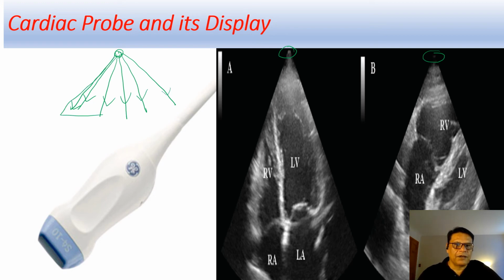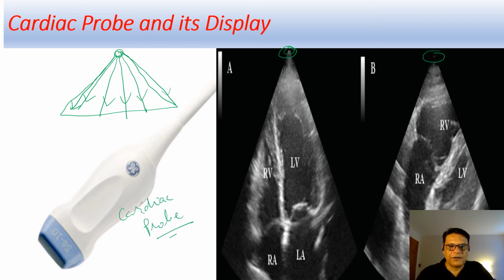And in this way, an image is formed. This is the heart of the image, and from seeing the top of this image, you can tell that this image is created by this cardiac probe, and it's a phased array probe.